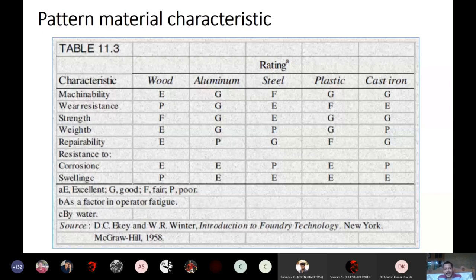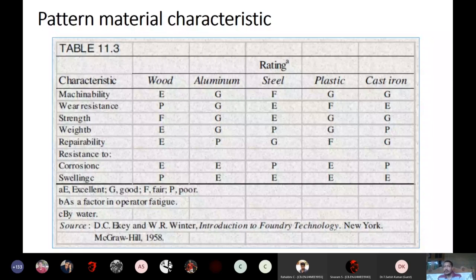You will have a fair strength for the wooden pattern, but an excellent strength for the steel pattern. In certain conditions like resistance to corrosion and swelling, you can see plastic patterns are excellent in nature, whereas wood is poor in swelling. So accordingly, depending on where you are using it, you can choose the pattern material.